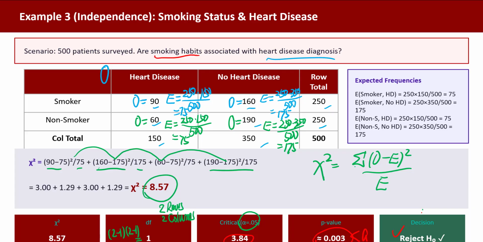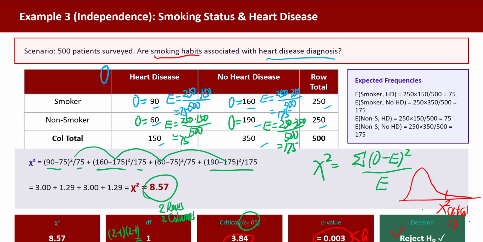And similarly, we will just plot a chi-square distribution and then put in the chi-square critical value, which is 3.84.